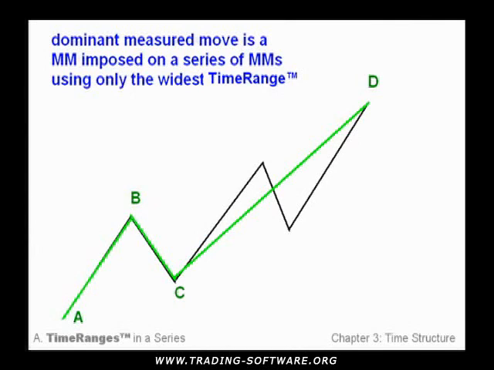If the CD move, as in this case that you're seeing right here, is already way overstretched because of the way we redraw the dominant measured move, then we might be in overbought territory up at D. And this is when the second time range here is narrower than the first time range here.